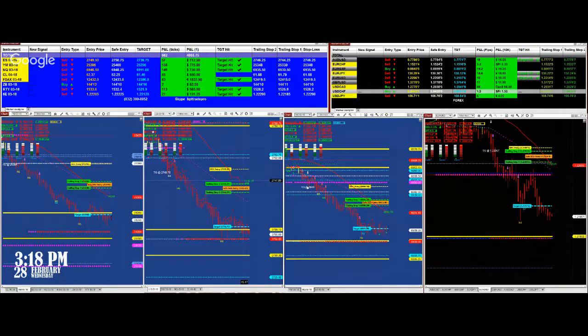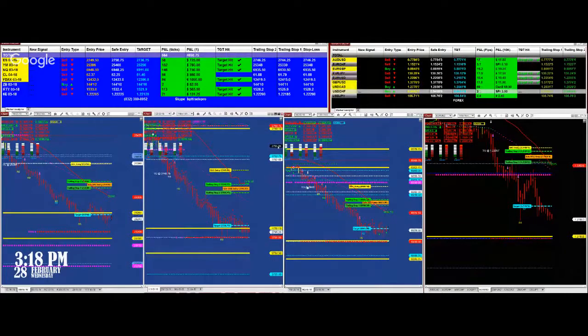On the ES it is 2746.50. On the Nasdaq it is 6924.50. Those are very, very important numbers. This is where you determine this market going long or short. Anything below those numbers is short, anything above it is long. And you will recognize those numbers immediately once the market hits them. We'll see.